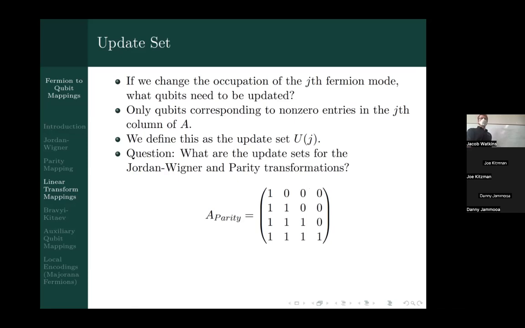So changing the occupation of the jth fermion mode means we are applying a_J or a dagger_J. So if it's fermion 2, then 2, 3, and 4 need to be updated in the parity mapping because we've just created or annihilated fermion 2, and then fermions 3 and 4 need to be updated to store the parity correctly.